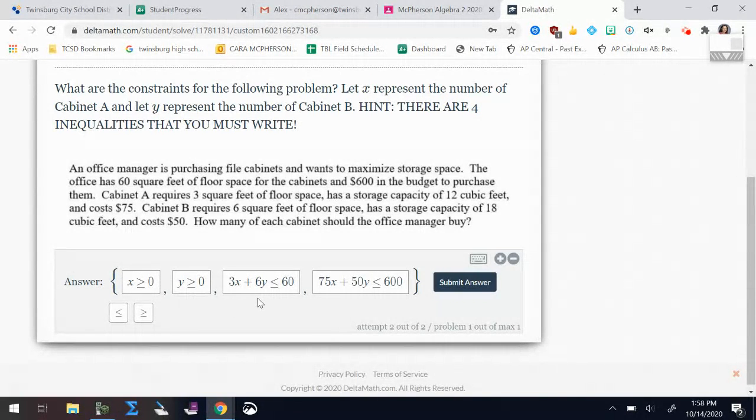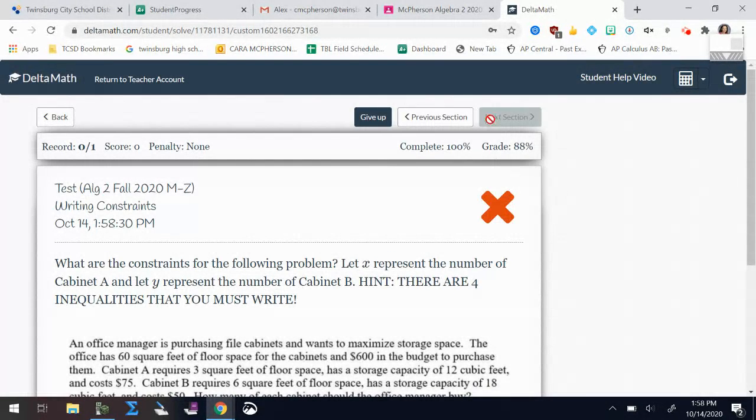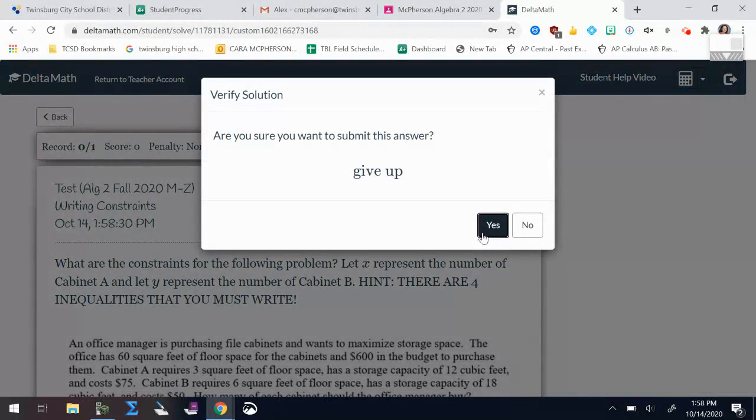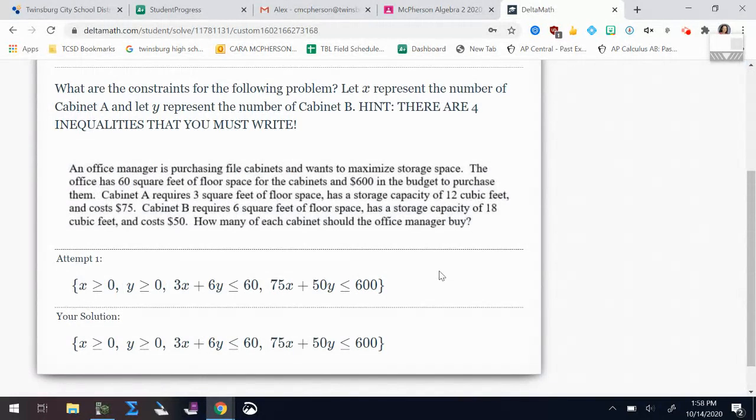I think I have everything here. All right, that one is right. I think I have an incorrect error in my program. Or maybe I feel like I typed everything in right.